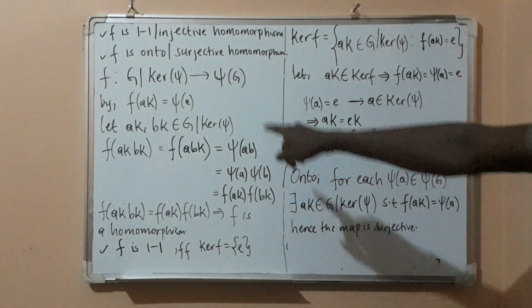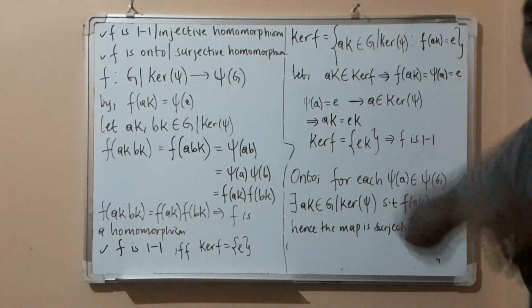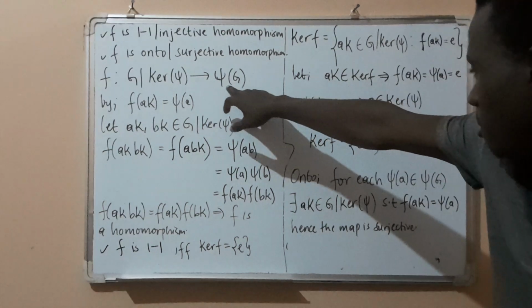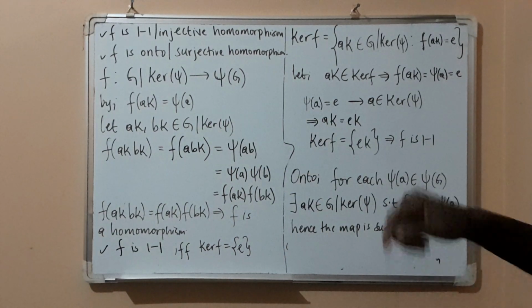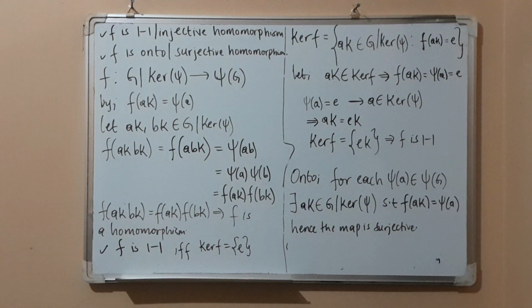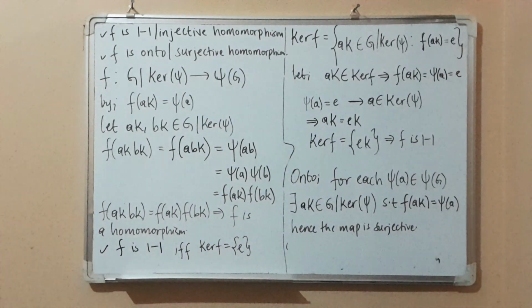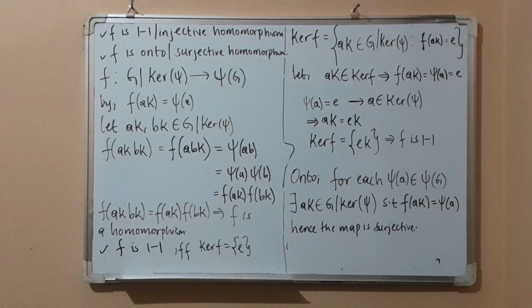For each element within our image, for each element in the range, pick an element from the range, you will be able to find the coset corresponding to that element.